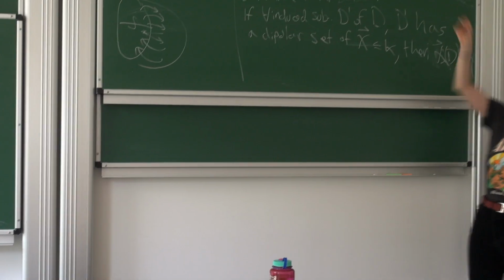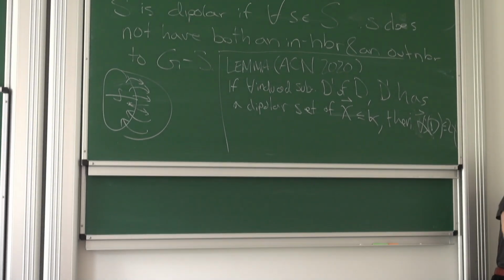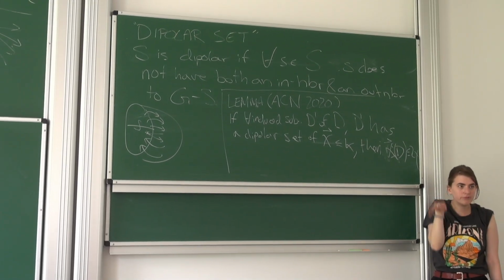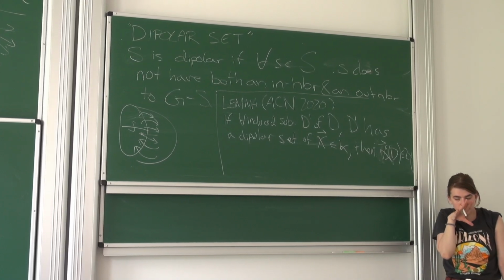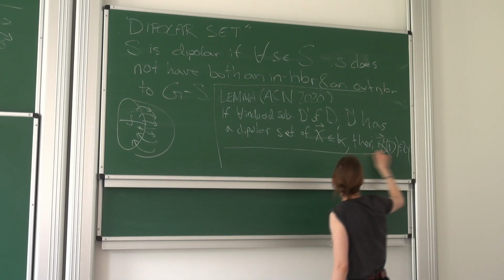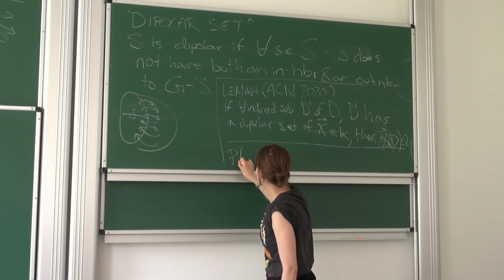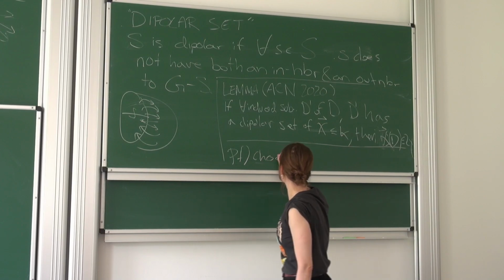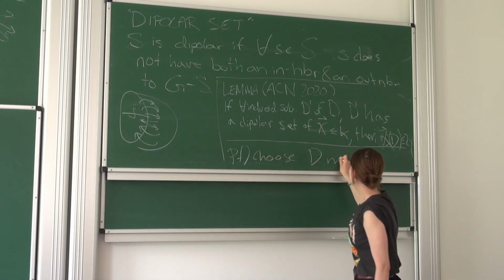So if you and all your induced subgraphs are always going to find a dipolar set with bounded dichromatic number, the whole thing is bounded, and basically the proof is to choose D minimal.